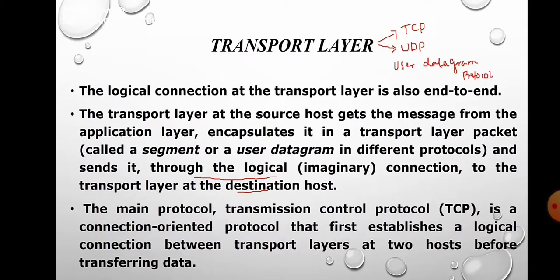That is a connectionless protocol. It will not establish any logical connection between transport layers at two hosts before transferring the data. So UDP does not support flow control, error control, as well as congestion control.